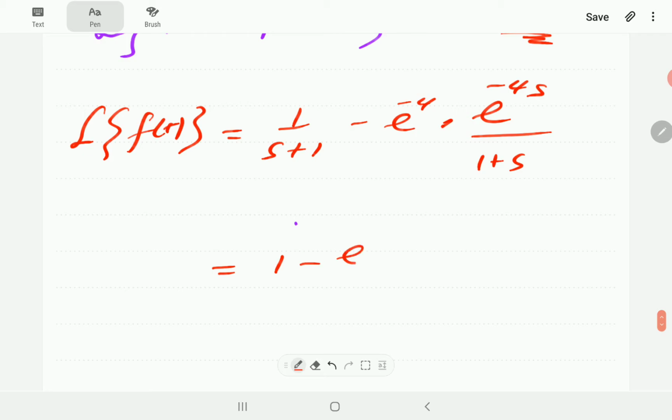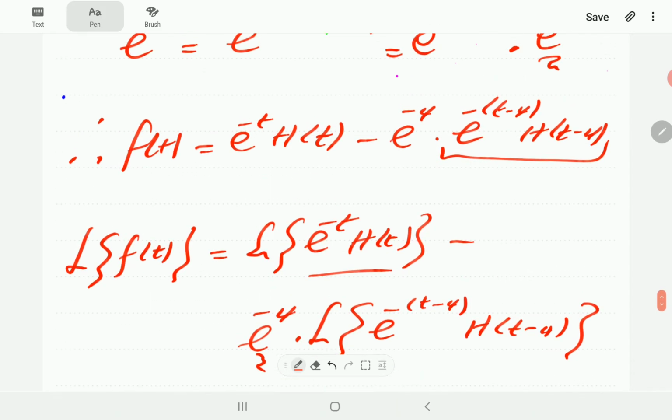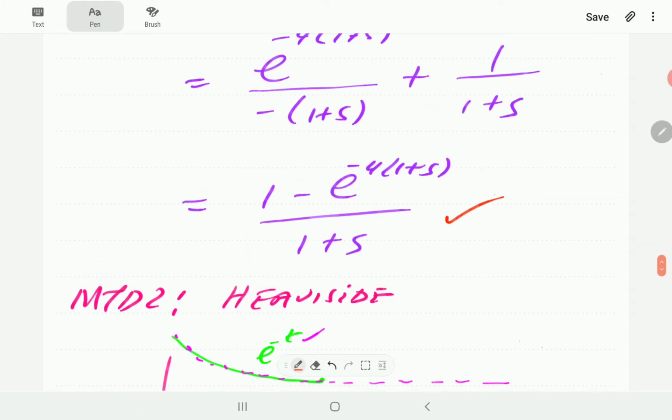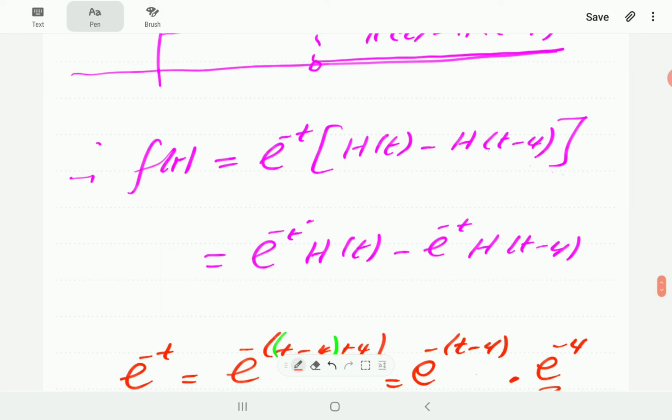It's going to be 1 minus e to the minus 4 into 1 plus s. And then if you compare this with what we found using direct integration, you'll see that it is exactly the same term.